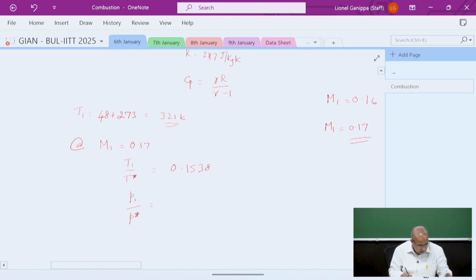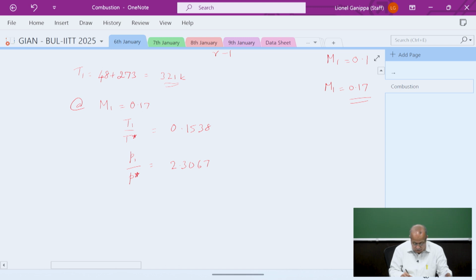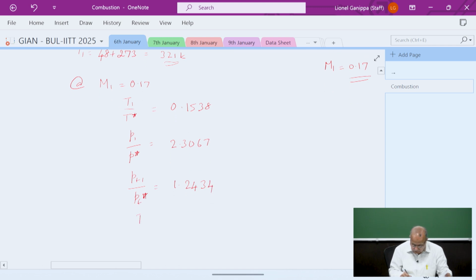P1 by P star, 2.3067. PT1 by PT star is equal to 1.2434, and TT1 by TT star is equal to 0.1289. So now you have all these parameters.